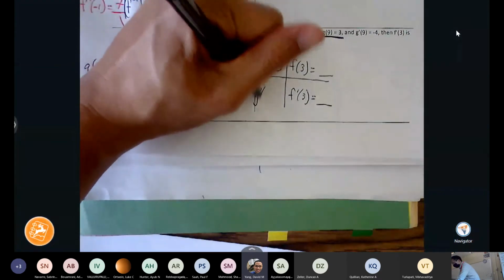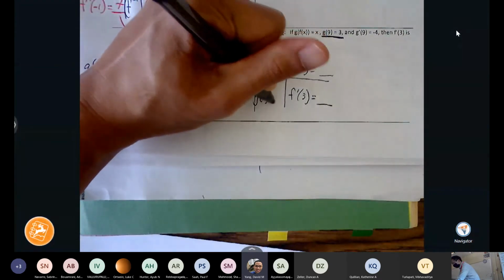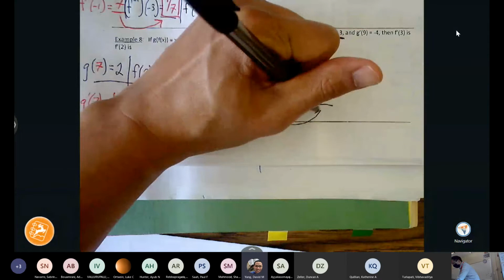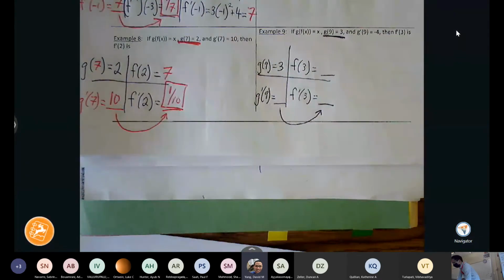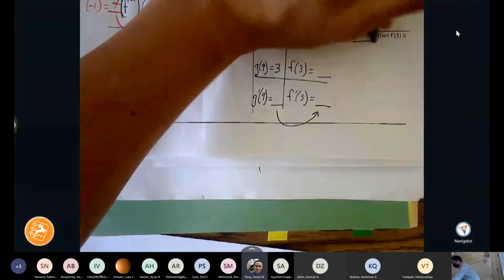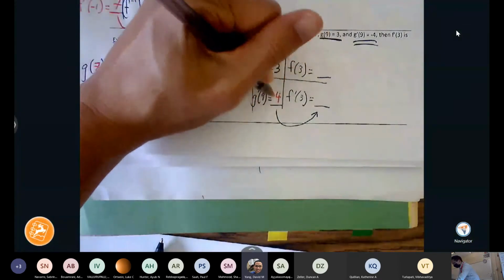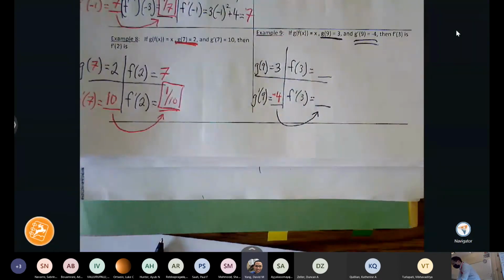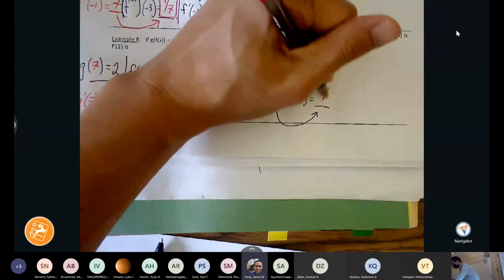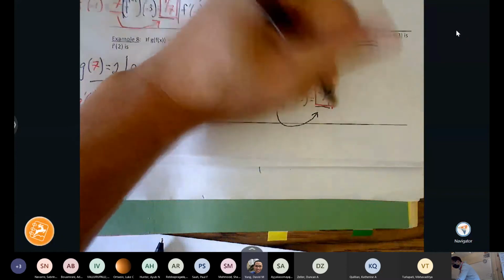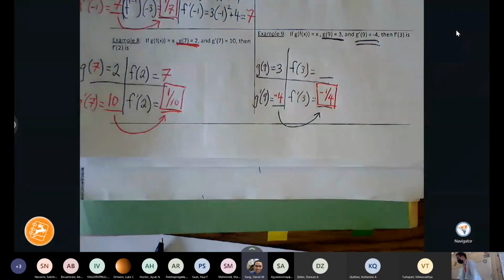So if I can find g prime of 9, then the slope of the g graph is going to be linked with the slope of the f graph at 3. So g prime of 9 is negative 4. I know the slope of my f is always going to be the reciprocal. Don't change the sign, just flip and make the reciprocal.